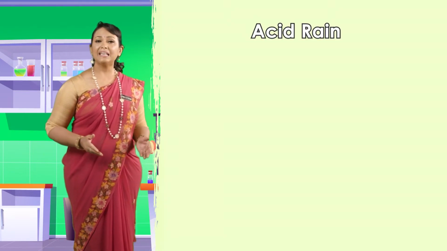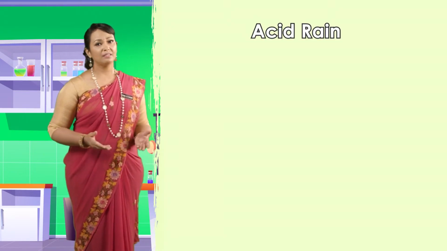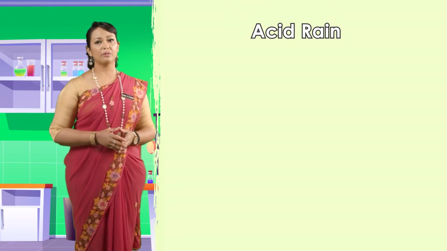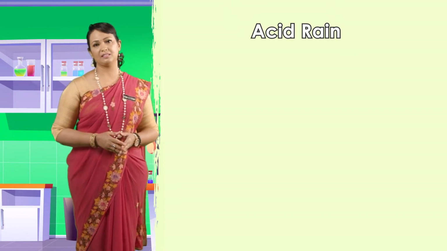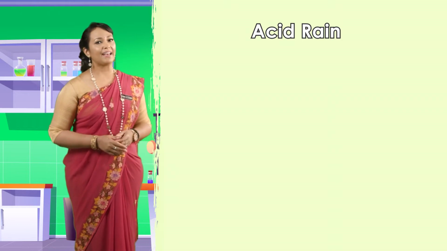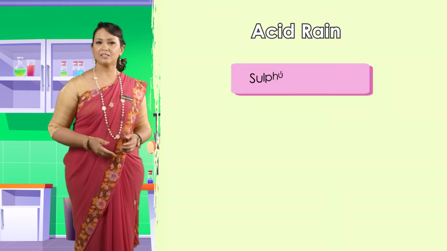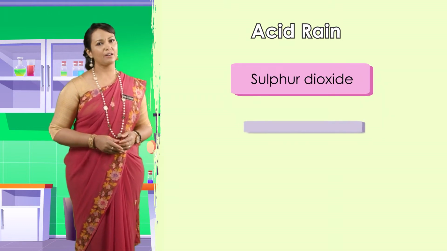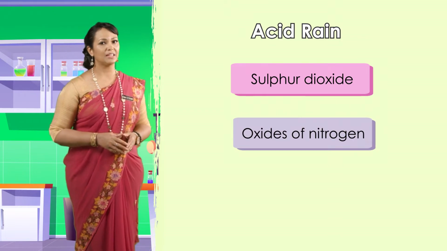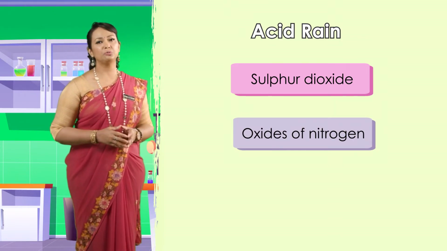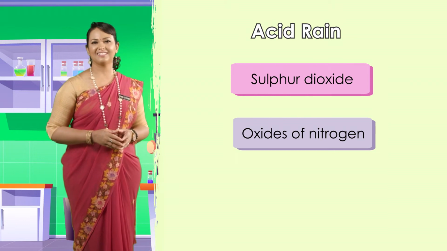Now, what about acid rain, boys and girls? What can you tell me about acid rain? Acid rain, boys and girls, is another geohazard that is often talked about in recent years. The release of acidic gases such as sulfur dioxide and oxides of nitrogen has increased due to human activities.